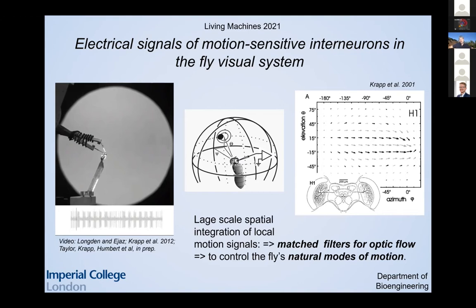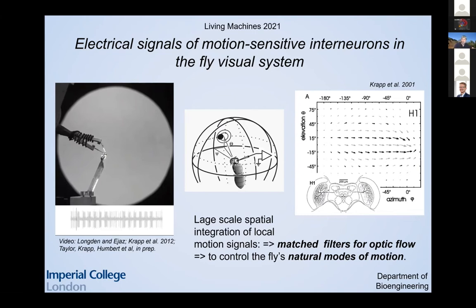But if you start integrating spatially across a huge number of those sensors, in this case, the output of motion detectors, which more locally analyze directional motion, then you can set up what you could call a matched filter that is extracting a very specific feature within the visual domain. Here, it is basically the motion pattern that occurs when the fly would, in this case, actually rotate around the vertical axis or go backwards in space.